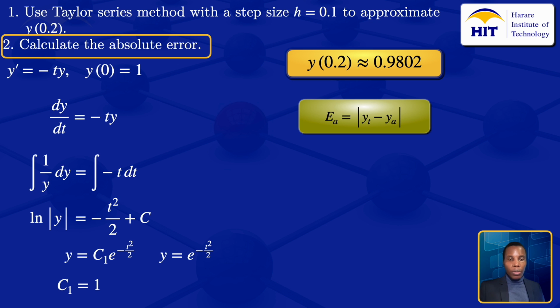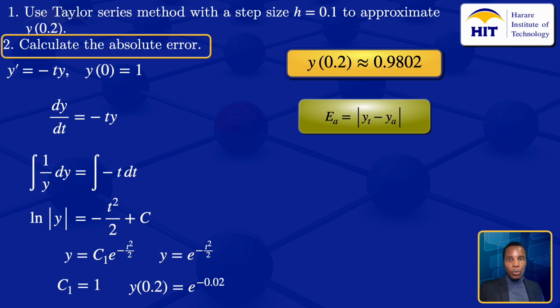Now to evaluate the value of y at t equals 0.2, we substitute t equals 0.2 here, so that we have y at 0.2 is equal to exponent of minus 0.02. Just suppose 0.2 multiplied by 0.2 gives us 0.04, then divided by 2, which gives us the 0.02.